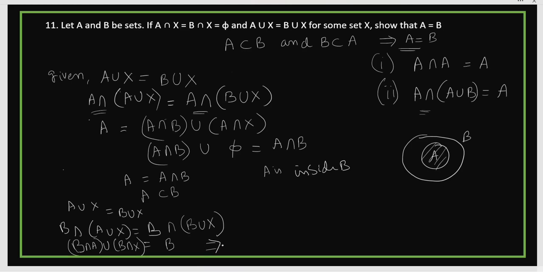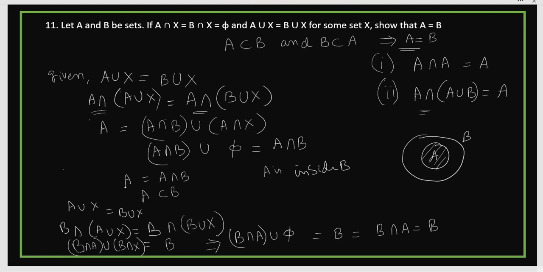But B intersection X, X is what? Null set. So this is nothing but B. This implies B intersection A equals B.